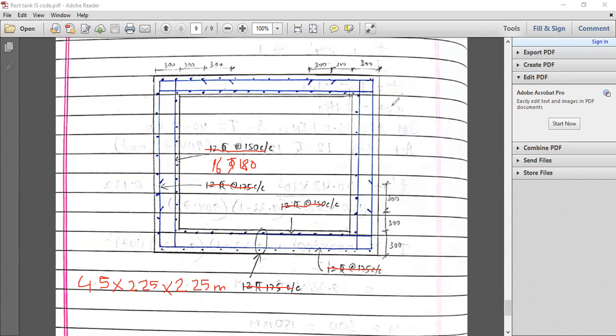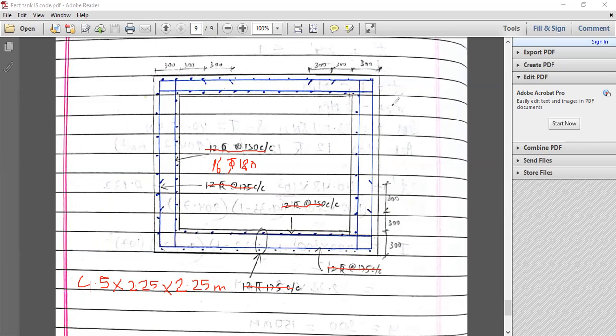So which criteria will you consider? Okay, इसमें in the question it is mentioned. So सबसे first you will decide what is the criteria. So which case will this become?